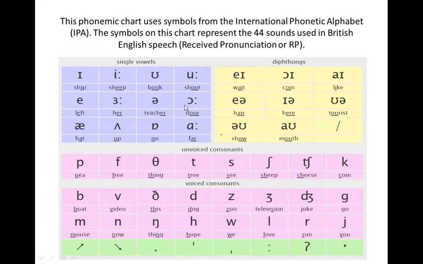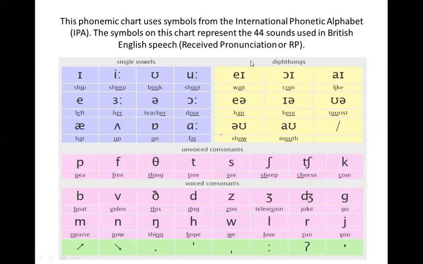And this is ah. So all these are long sounds.